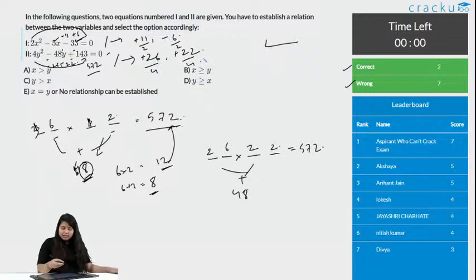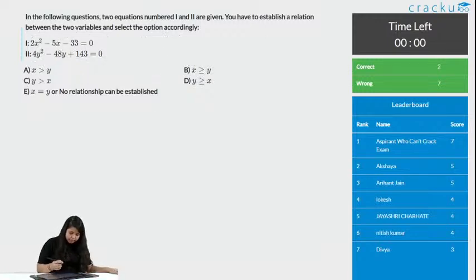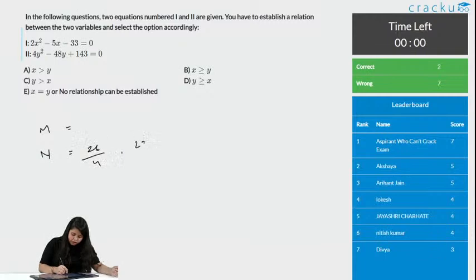So, let me clear this and write it again. The values of m and n: here we get 26 by 4 and 22 by 4, and what do we get here? It is 11 by 2 and 6 by 2.